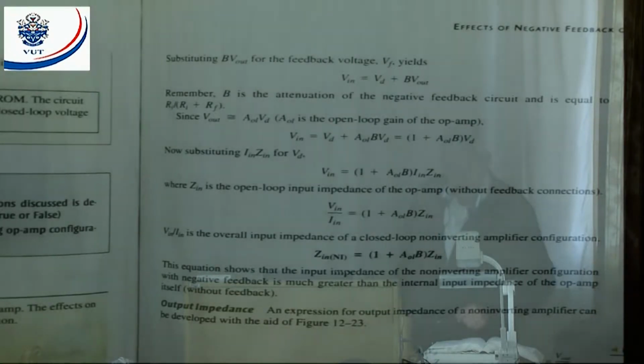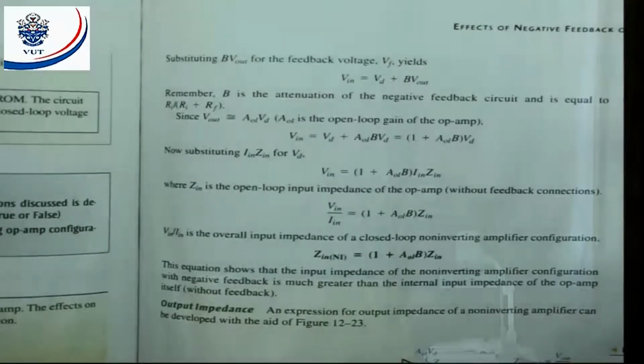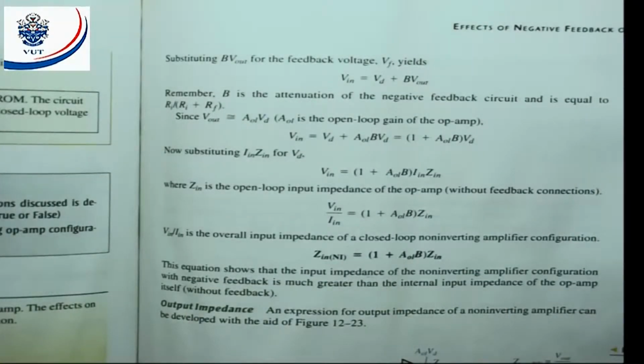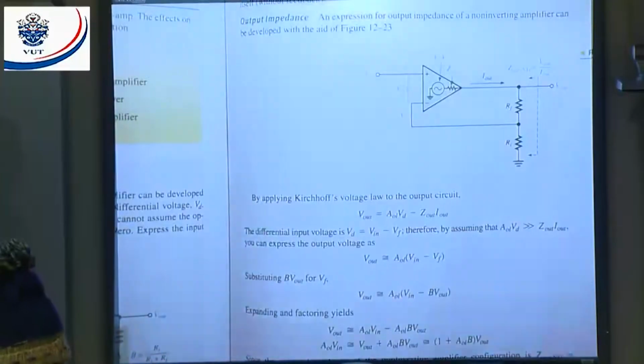Now we can say, by applying Kirchhoff's law, the output is equal to the open loop gain times the differential voltage, minus Zout times Iout, because I will get a volt drop inside the device. Then the differential input voltage Vd is equal to Vin minus Vf.